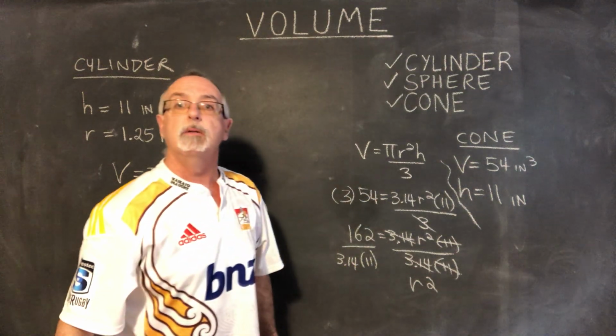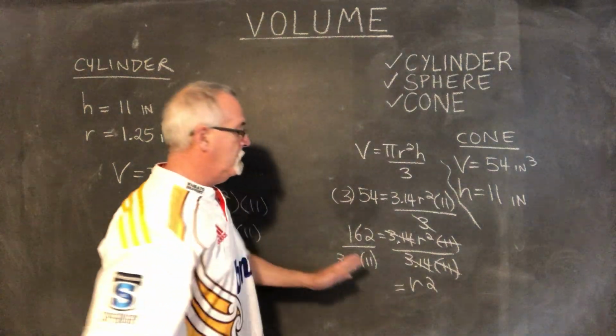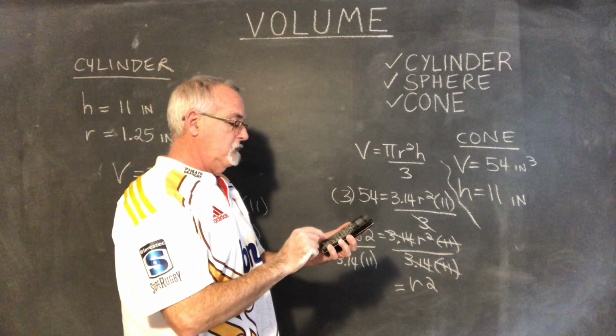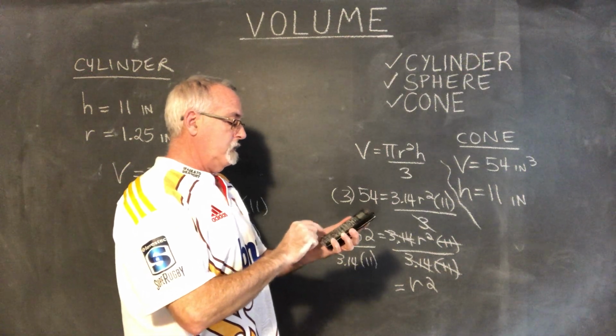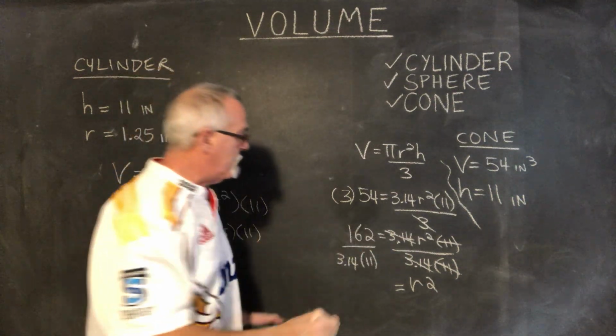Is this fitting in the video window? Yes. R squared is 162 divided by 3.14 divided by 11, which is 4.7, and again there's some rounding here.